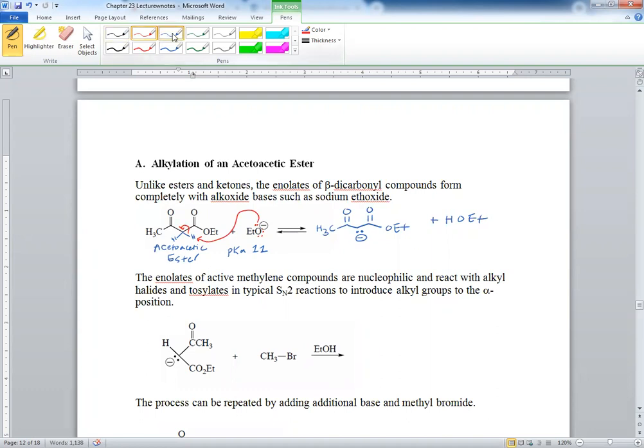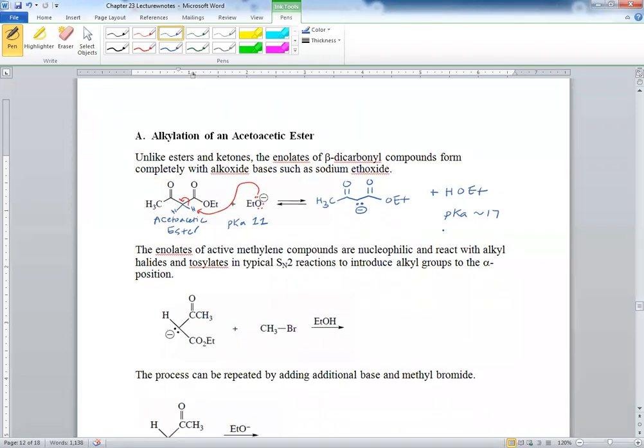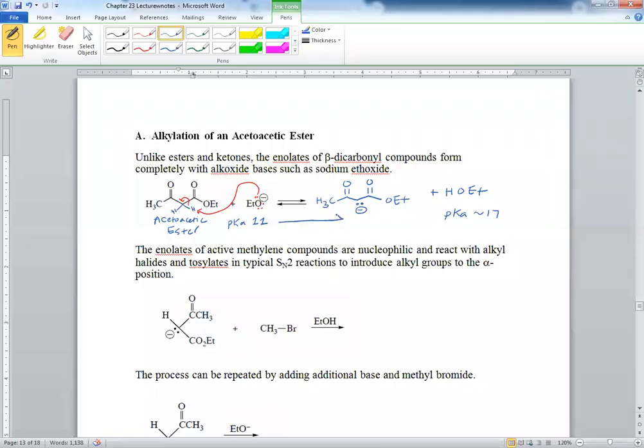Now, once again, we know the pKa of alcohols is around 15, and ethanol is around 17. So the equilibrium will shift toward the weaker acid, toward the product, because this is the weaker acid. So that's how we're able to generate more of this enolate.